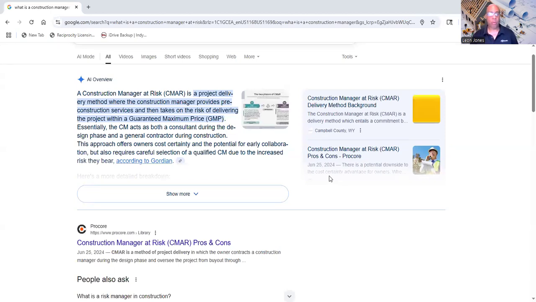This approach basically offers owners cost certainty and the potential for early collaboration, but also requires careful selection of a qualified CM due to the increased risk that they bear.